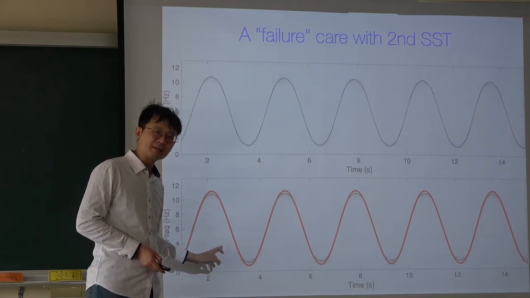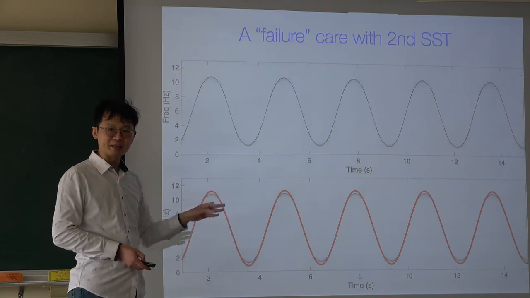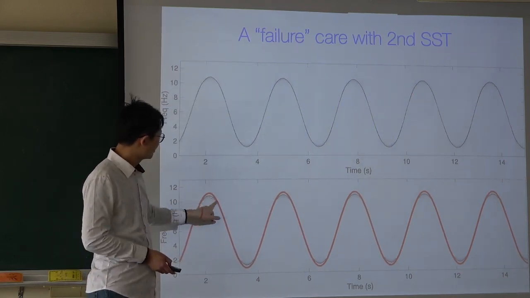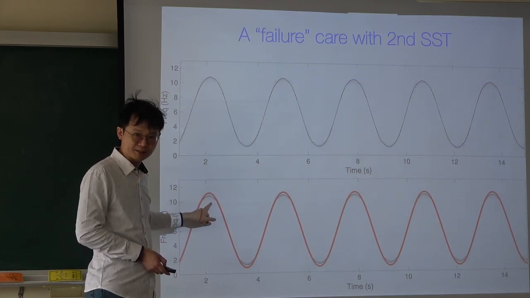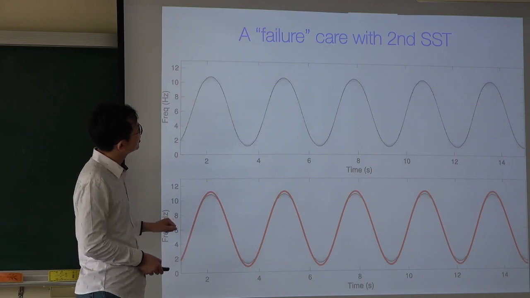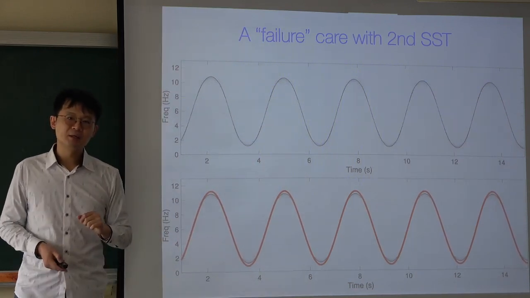In this sense, the instantaneous frequency cannot be fully recovered. We get something wrong. And this comes from the fact that the phase changes too fast, or the instantaneous frequency changes too fast here. So fast that even the second order synchrosqueezing cannot correct it.